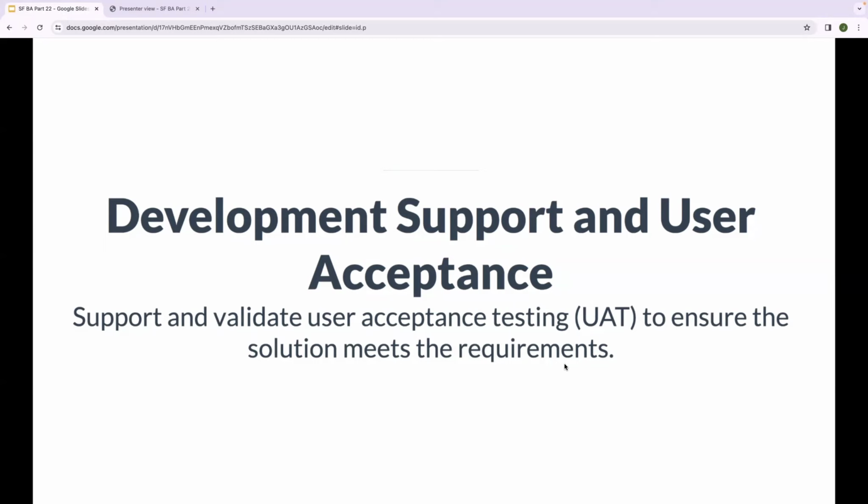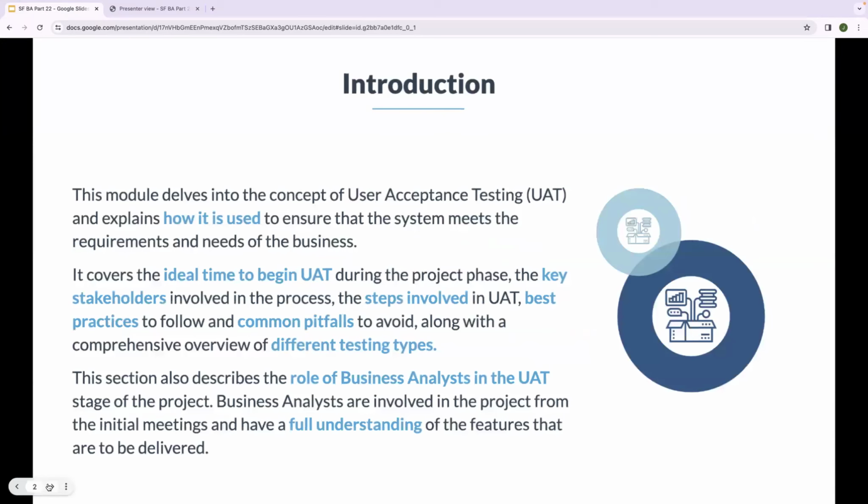Let me continue. So the development support and user acceptance support, and validate user acceptance testing to ensure the solution meets the requirements. This module delves into the concept of user acceptance testing and explains how it is used to ensure that the system meets the requirements and needs of the business.